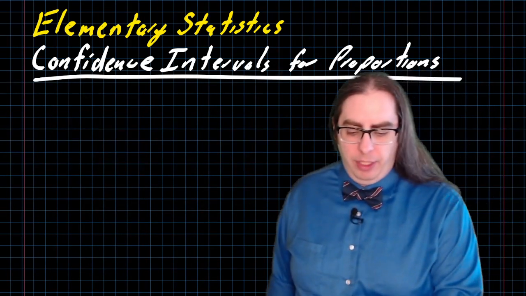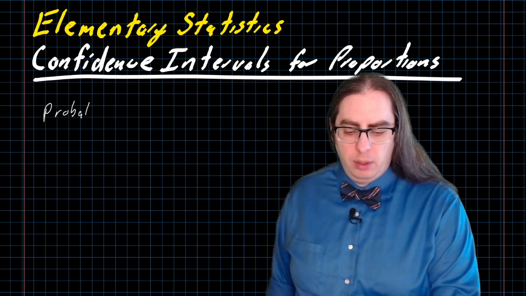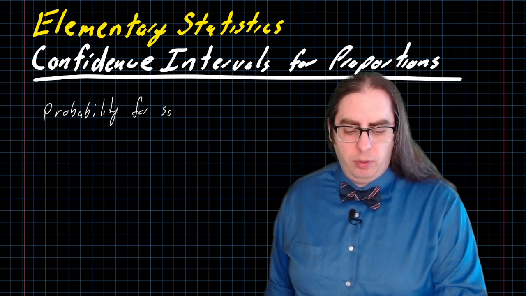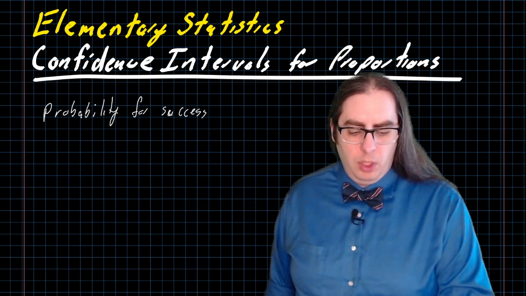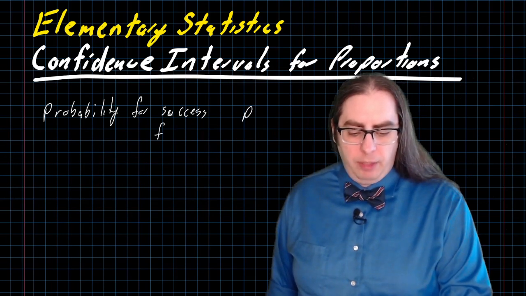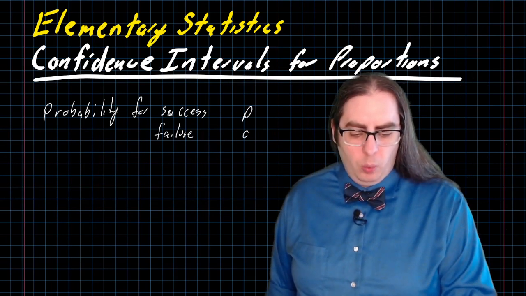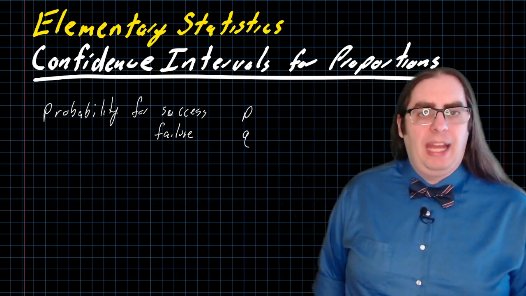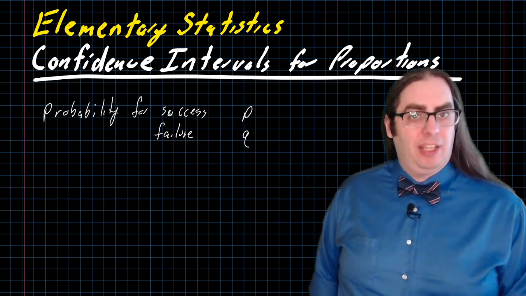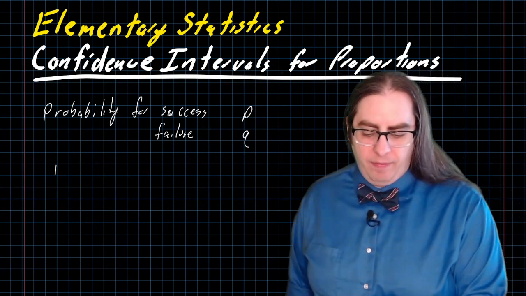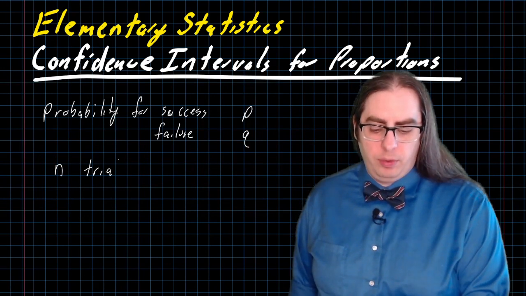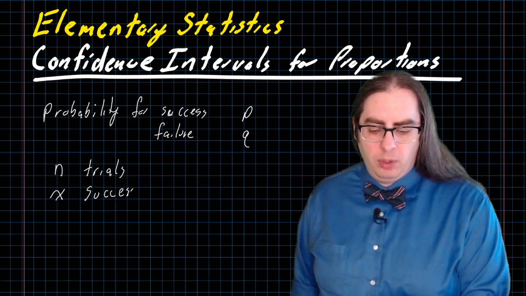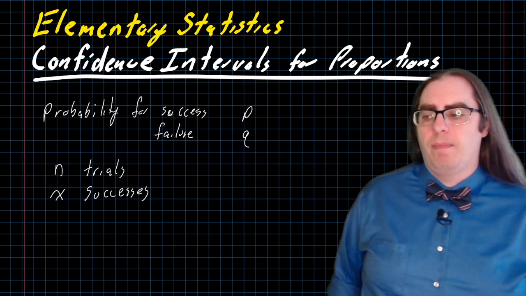We have the probability for success, we're calling P, and the probability for failure, we are calling Q. We also looked at a specific experiment where we had N trials and X successes.